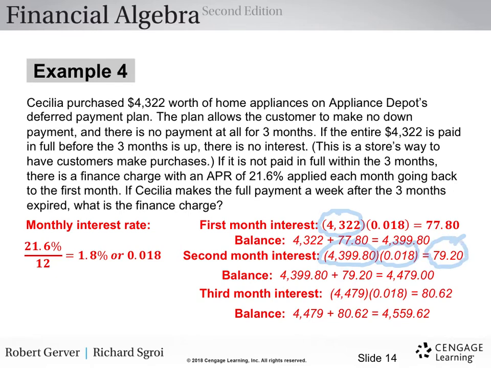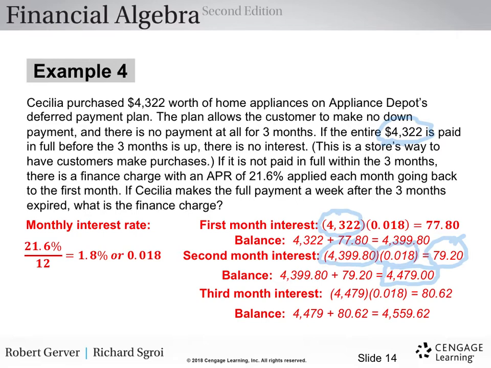It's a little bit more than the first month because the balance is greater. So the balance after the second month is now $4,479. It's no longer the $4,322 that the original price was, but after 2 months of interest, it's $4,479.